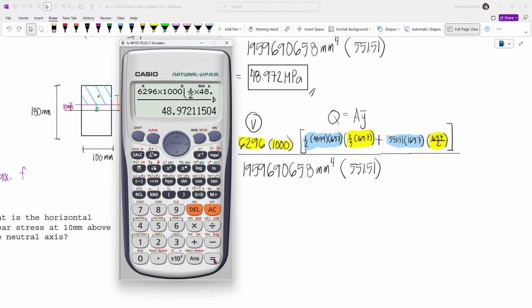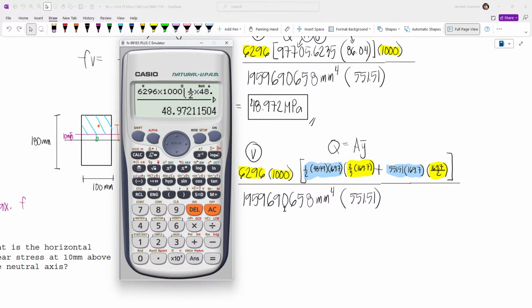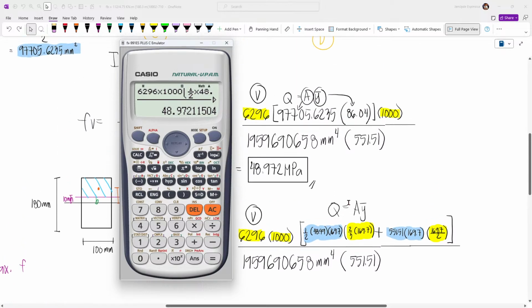Okay, equals, look, the same result, but we did not solve for barred Y of the total centroid.